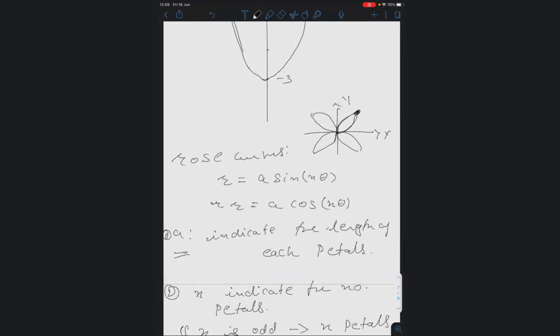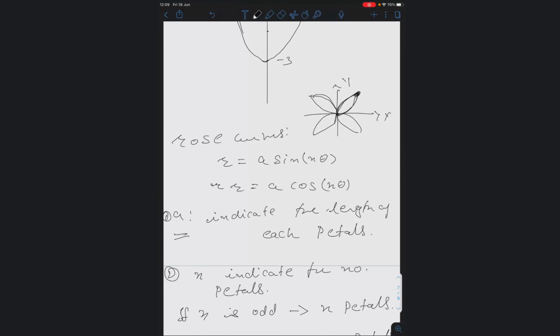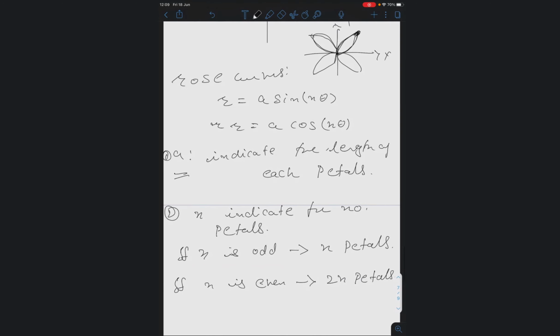Here I have drawn 4 petals. If I have drawn 4 petals, what should be my N? Tell me. 2. Okay, if N is even, then I will have 2N petals. So obviously, if I have drawn 4 petals, N is equal to 2.